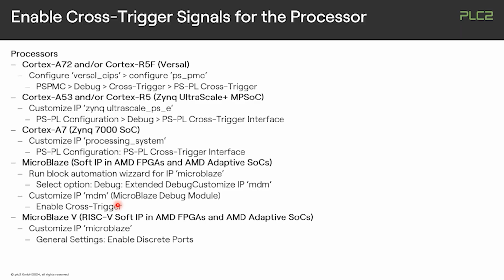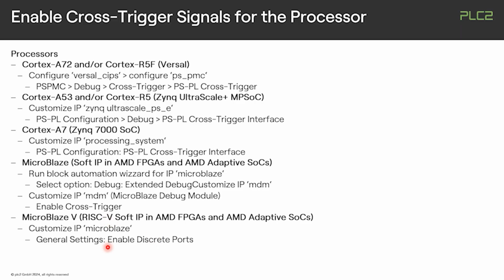For the MicroBlaze soft IP, cross-trigger is supported with the MDM IP core, the MicroBlaze Debug Module. But for the MicroBlaze RISC-V, you will find this essentially on the CPU core itself.